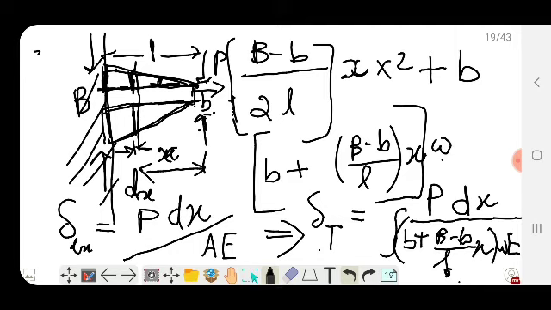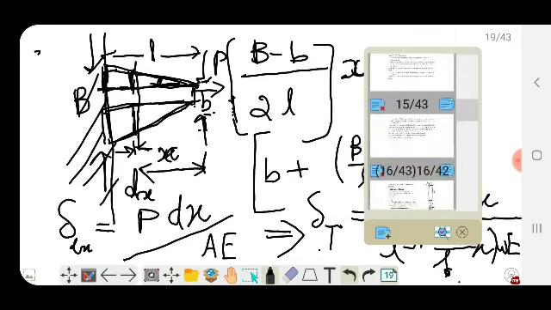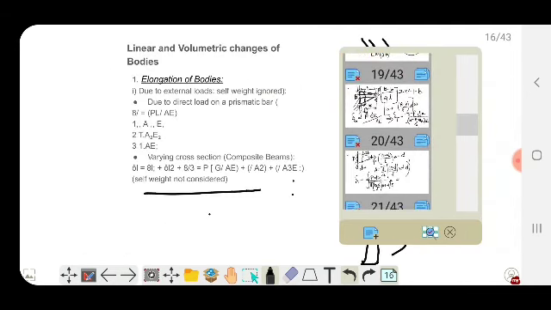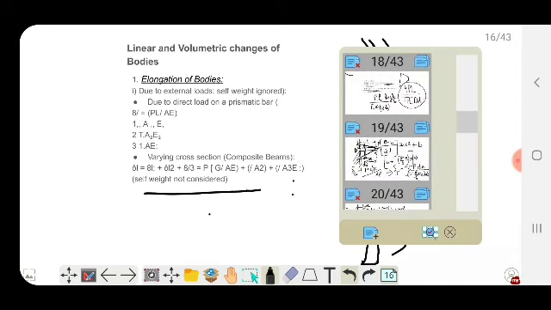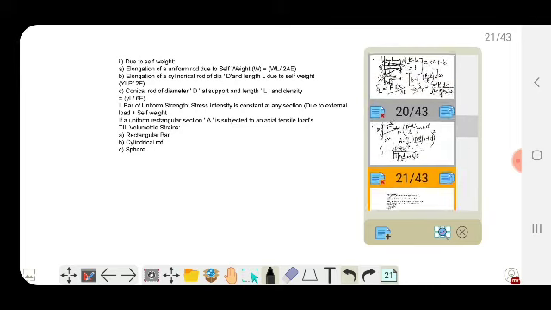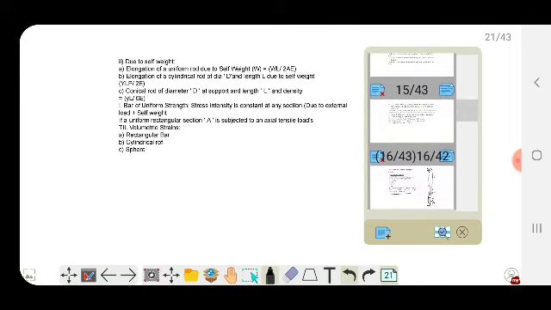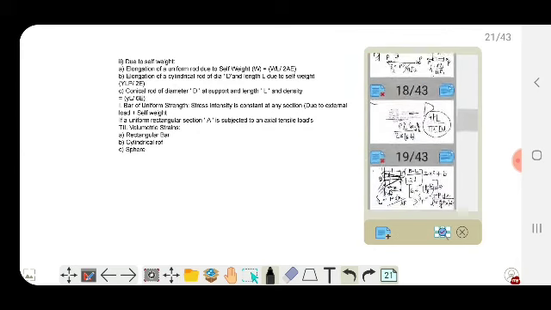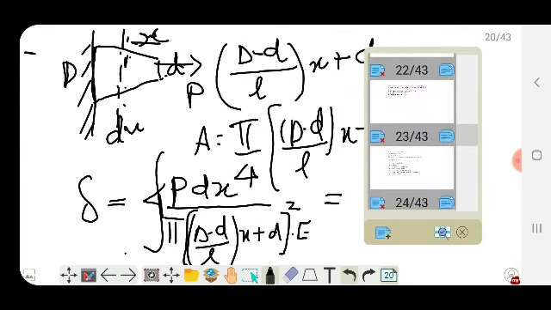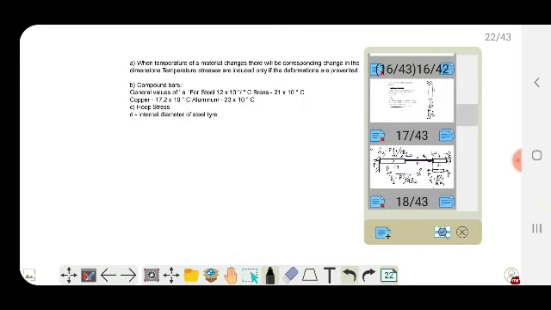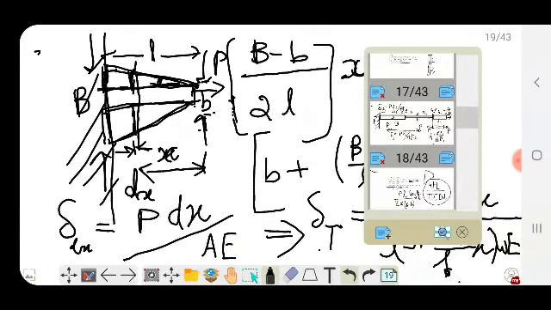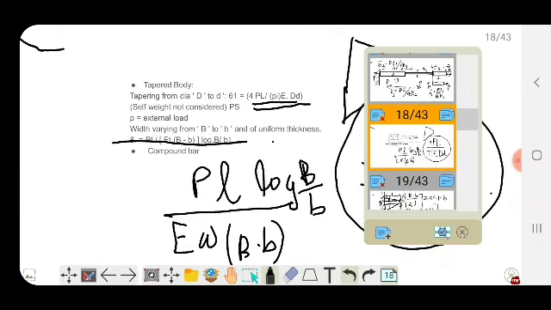So that will be giving you this equation.